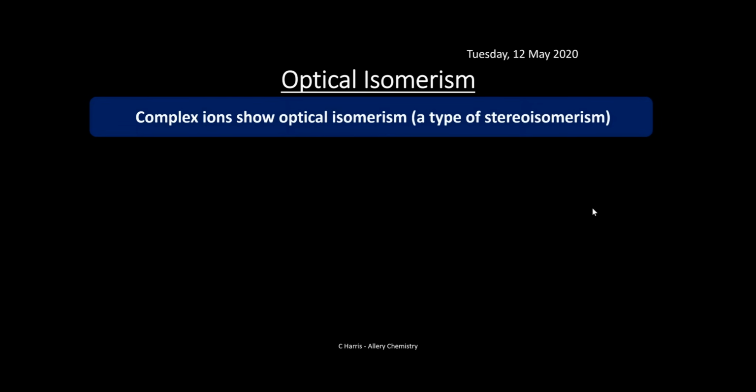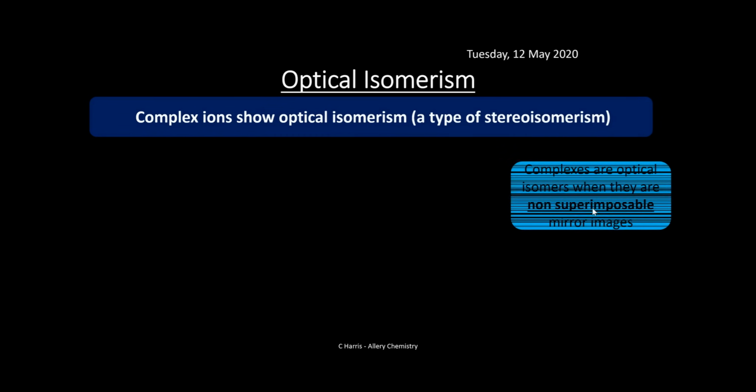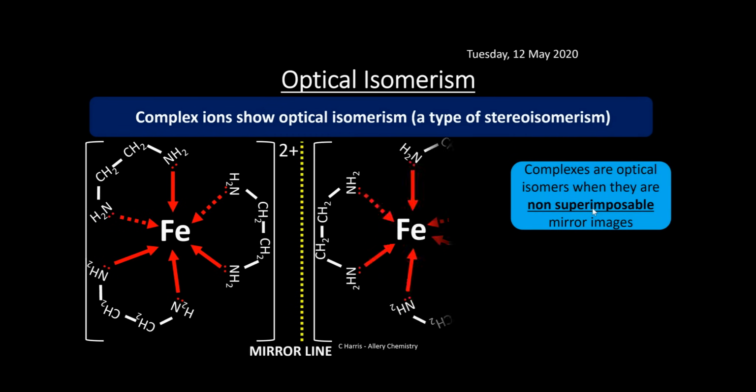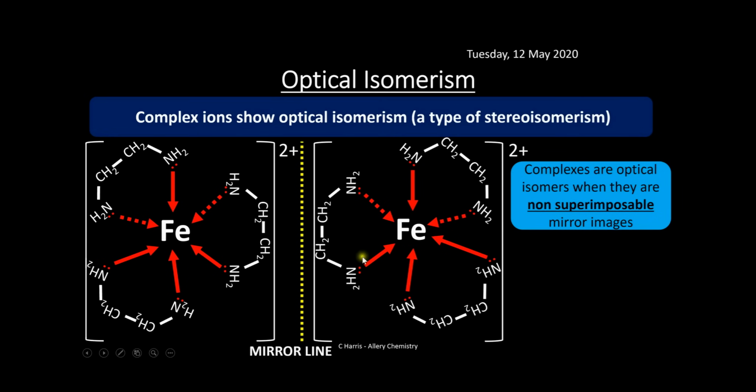So complex ions show optical isomerism, which is a type of stereoisomerism. Complexes are optical isomers when they're non-superimposable mirror images of each other. You can see here we've got two ion complexes, with our diamine molecule, ethane-1,2-diamine, bonded to our iron.